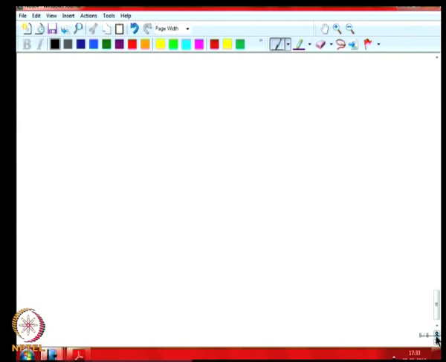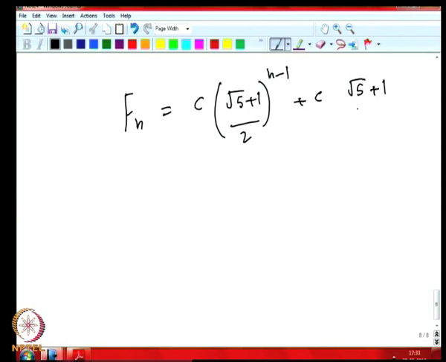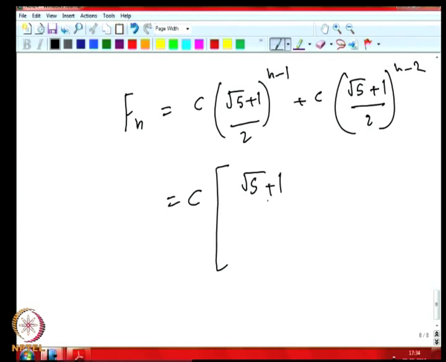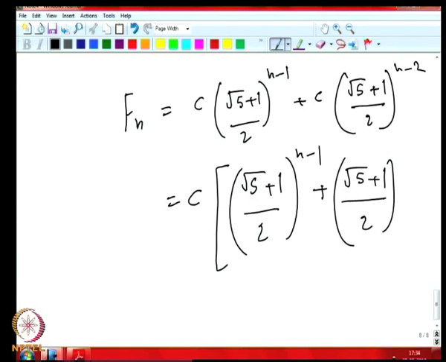Why is it so? You can just verify it. For instance, what we get is Fn equal to c into (root 5 plus 1) by 2 to the power n minus 1 plus c into (root 5 plus 1) by 2 to the power n minus 2. We can take c as common, c into (root 5 plus 1) by 2 whole power n minus 1 plus (root 5 plus 1) by 2 whole power n minus 2.